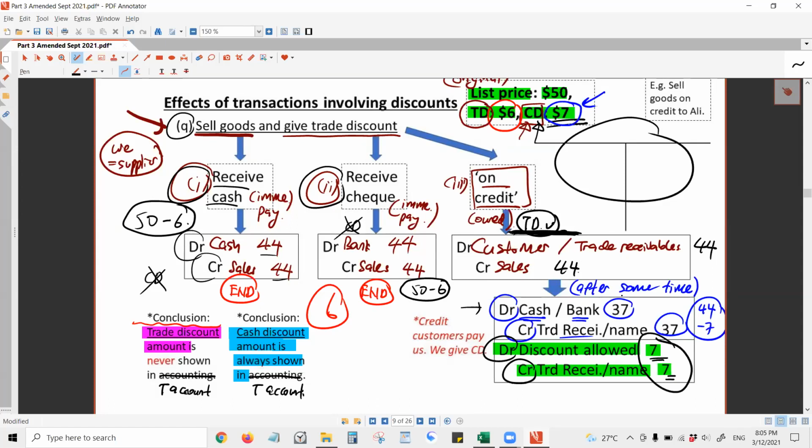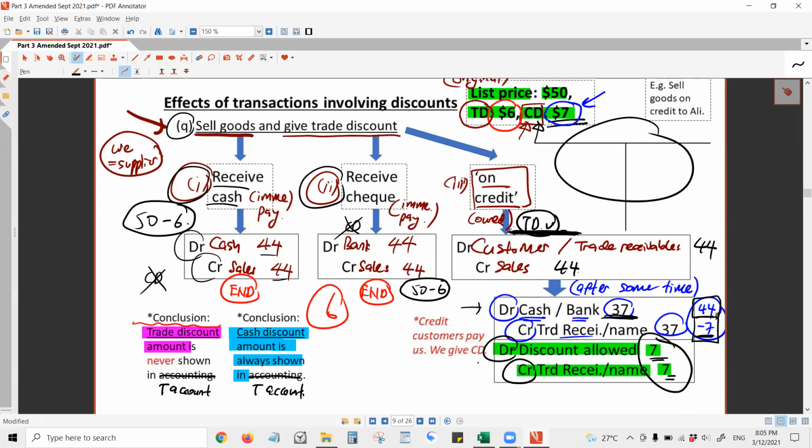So the initial amount owed is 44, minus the second stage of discount of $7, and at the end you collected $37, after deducting the second stage of discount.